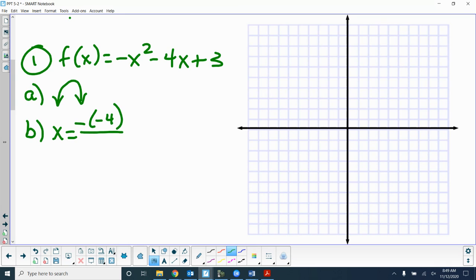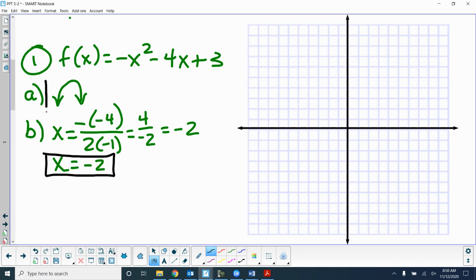Most of you will just put 4, which is okay, over 2 times a, which is positive 4 over negative 2, which equals negative 2. So, okay?